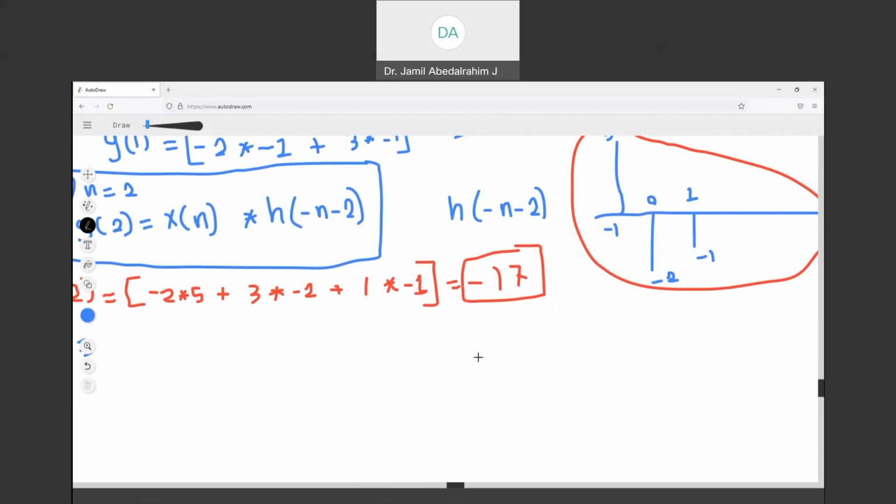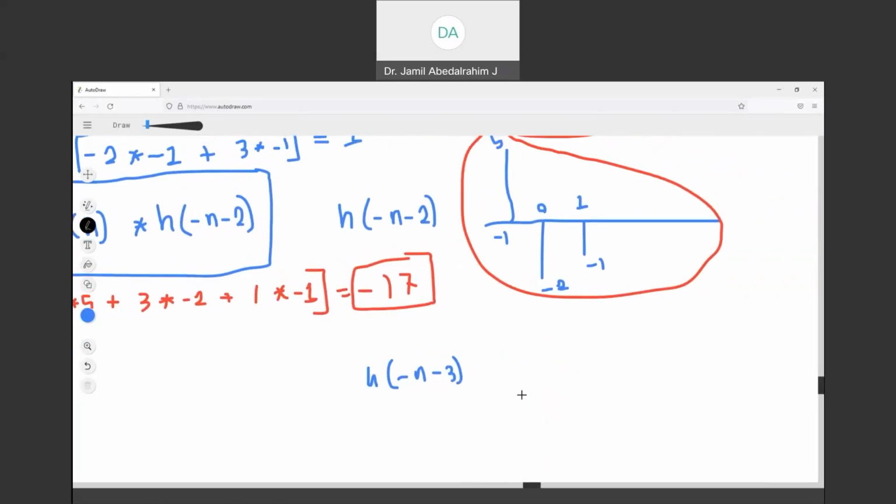Will be here h of negative n minus 3, and we shifted by 1 to the right side. Negative 1 become 0. 0 become 1.